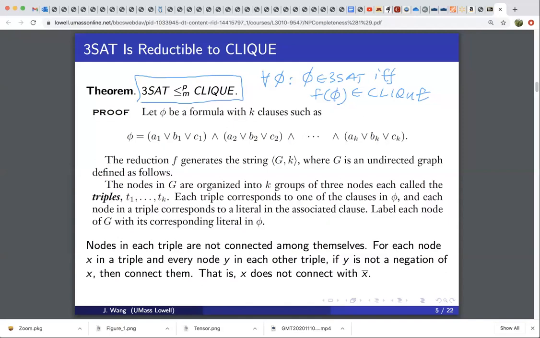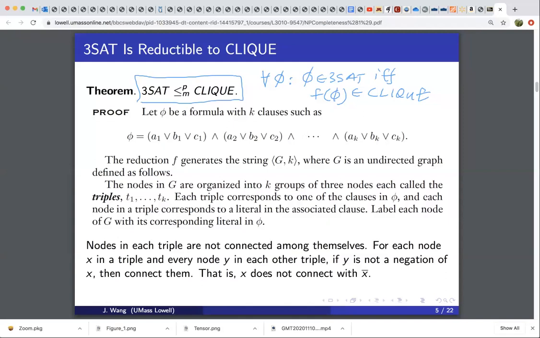So given a 3CNF formula, we know that it is a conjunction of clauses, and each clause has 3 literals. And then we want to construct a graph.